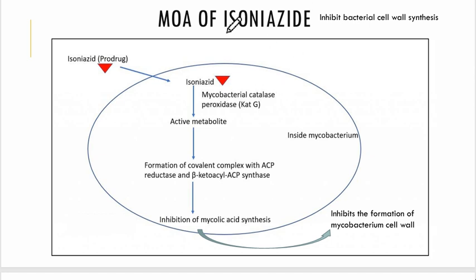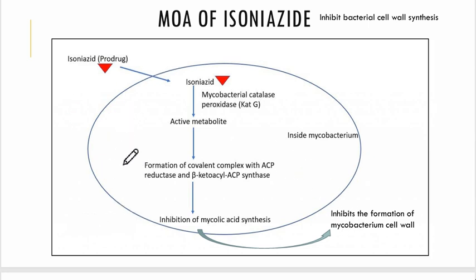Isoniazid works by directly inhibiting bacterial cell wall synthesis. So isoniazid, in the presence of mycobacterial catalase peroxidase, that is KatG, is converted into an active metabolite which leads to the formation of a covalent complex with ACP reductase and beta-ketoacyl ACP synthase, which leads to the inhibition of mycolic acid synthesis, and this will inhibit the formation of the mycobacterium cell wall.